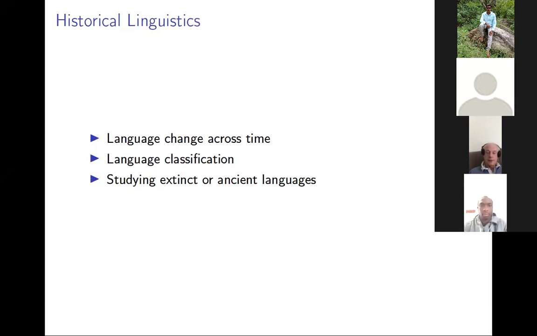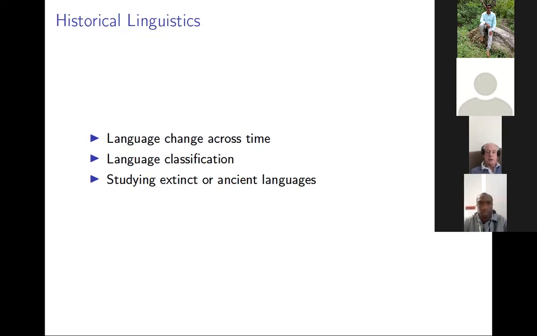Next, this is my favorite area of research: historical linguistics. This was the mainstream of linguistics for more than 2 centuries, especially during the colonial period when certain Europeans were colonizing different regions of the world, and they encountered many new languages.